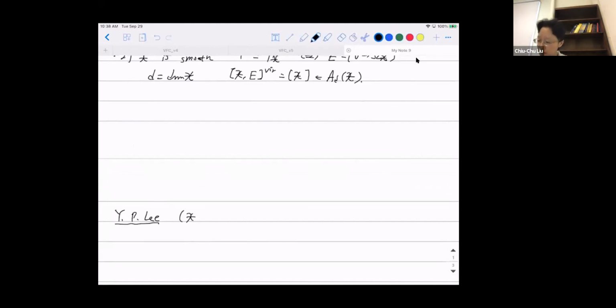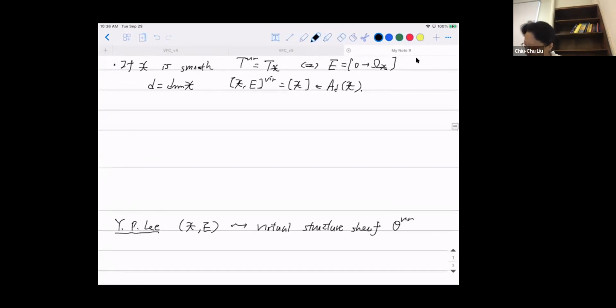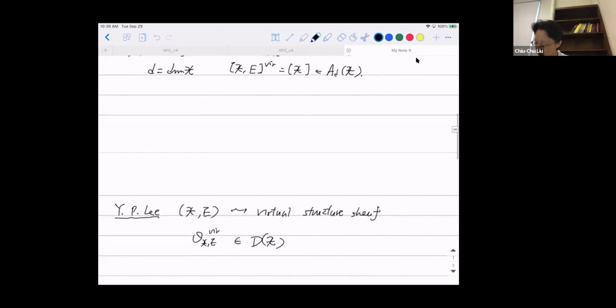So following Y.P. Lee, given such a virtually smooth Deligne-Mumford stack, this actually gives us a virtual structure sheaf, which is an element in the derived category of this Deligne-Mumford stack.